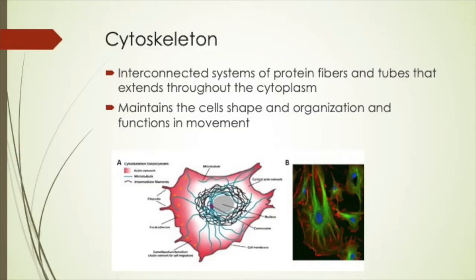So within the cells, there's the cytoskeleton, right? We talked about the cytoskeleton being its main structures. An interconnected system of protein fibers and tubes that extend through the cytoplasm.